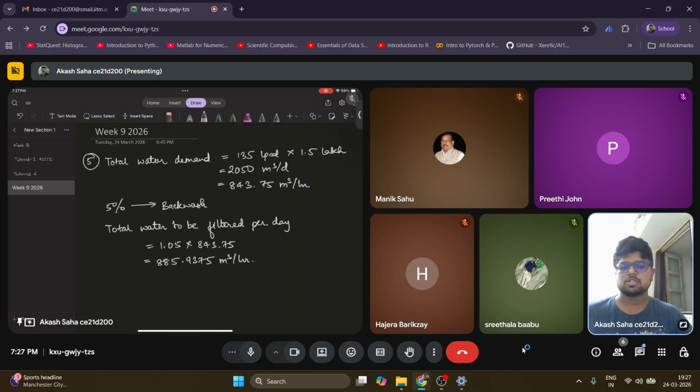Okay, so this small thing you have to take into consideration. So the total filtration area required, because rate of filtration is given, is equal to Q by the rate of filtration.